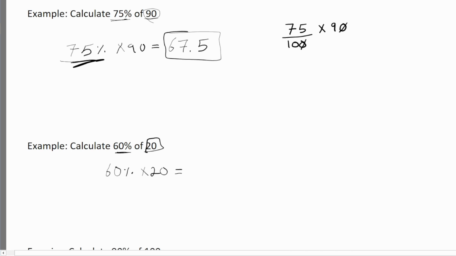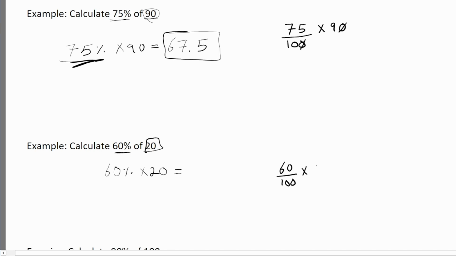Or instead, there is nothing wrong with writing 60 over 100 multiplied by 20. The answer would be, let me plug it on my calculator. It's 12. All right.